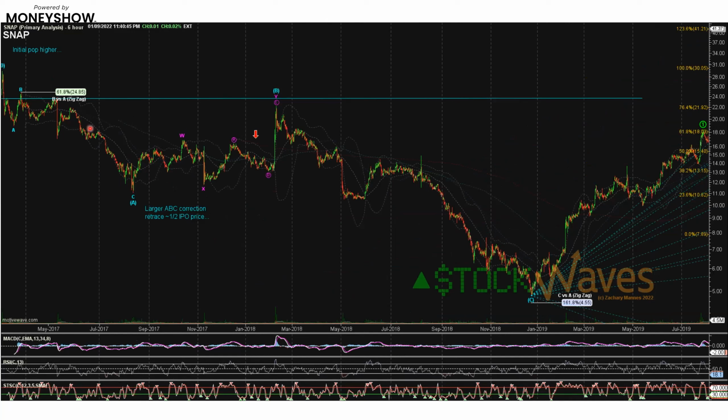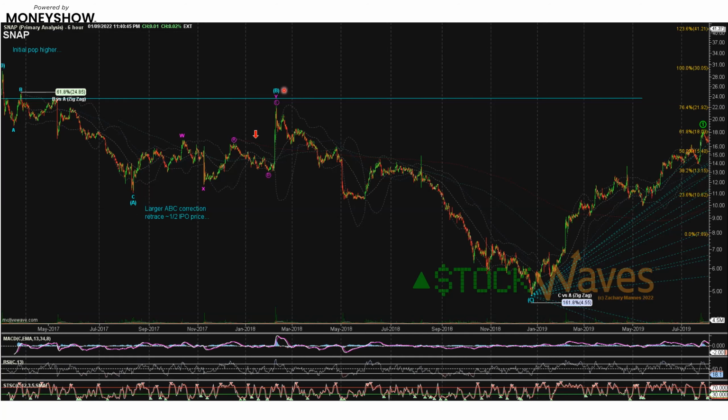Snap, again, came on the exchange right around $24, $23, and initially popped higher into the 26, 27 region, and then filled out a larger ABC down. That would have been enough again to satisfy a 50% haircut from where it started trading. But the move up in Snap was very clearly corrective.